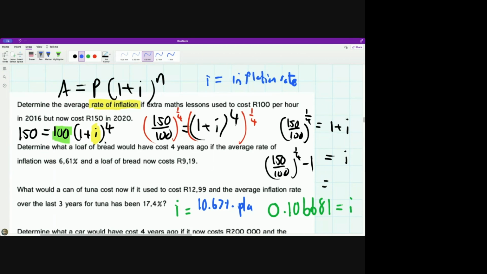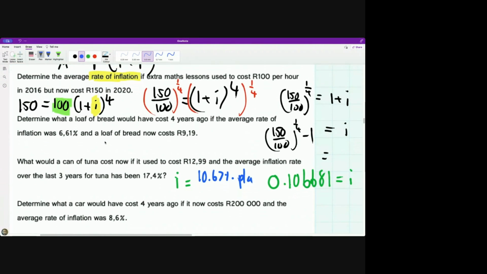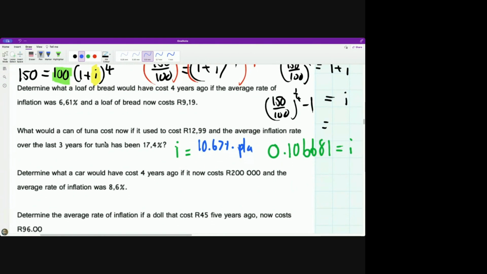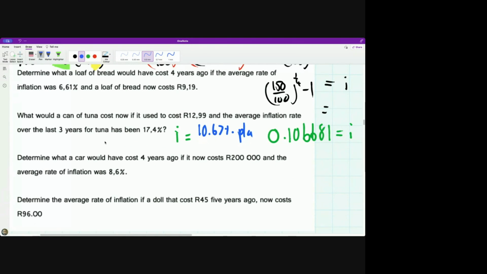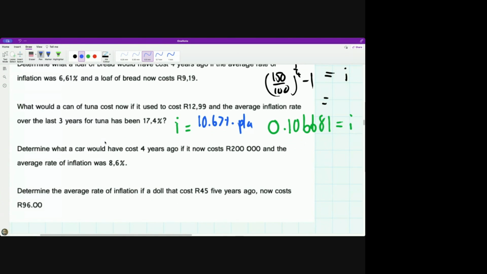Okay, so this is sort of an inflation question. So let's do the one that I'm going to highlight in yellow. So it says, determine what a car would have cost 4 years ago if it now costs 200,000 and the average rate of inflation was 8.6%. If they don't give you a year, it's automatically going to be per annum.